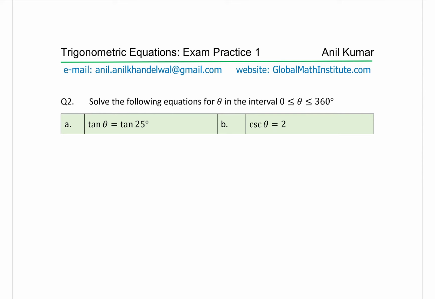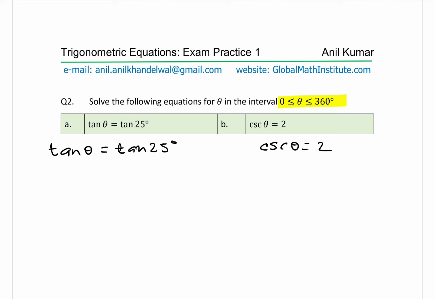This is similar to the previous question. Solve the following equation for theta in the interval 0 to 360 degrees, right? So one full circle. The two questions here are: tan theta is equal to tan of 25 degrees, you need to find the solution. The second one is cosecant theta equals 2. So what is the answer?